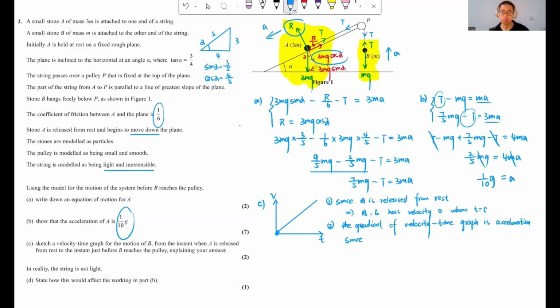Since it is constant acceleration, 1 over 10 g, that means it has to be a straight line.